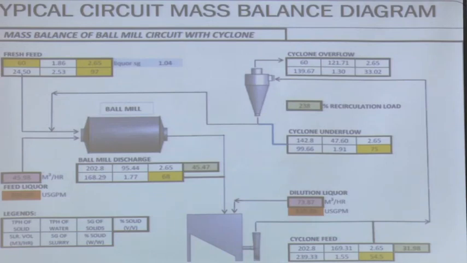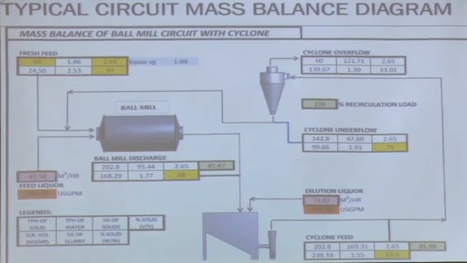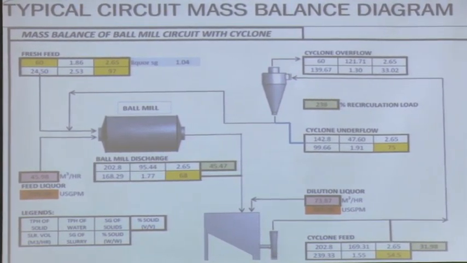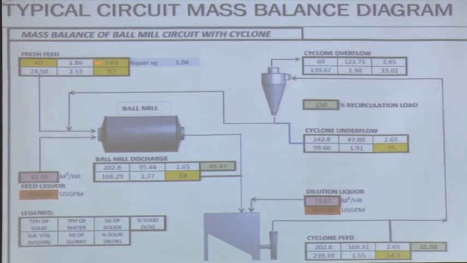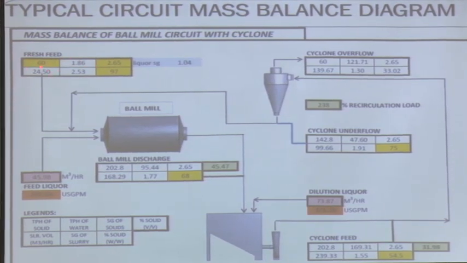Let us see a typical mass balance. What we do: this is the ball mill working in a closed circuit. Now, this is the fresh feed: specific gravity, the feed rate in tons per hour, liquid in meter cube per hour, slurry specific gravity, and the percent solids. Okay.